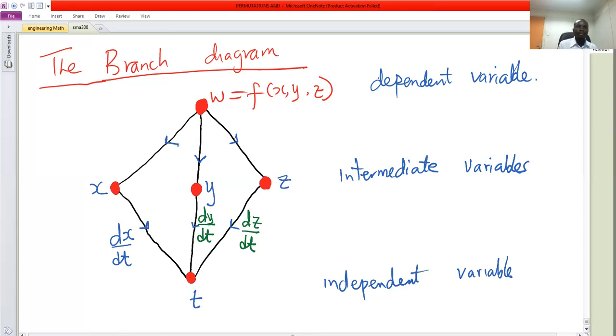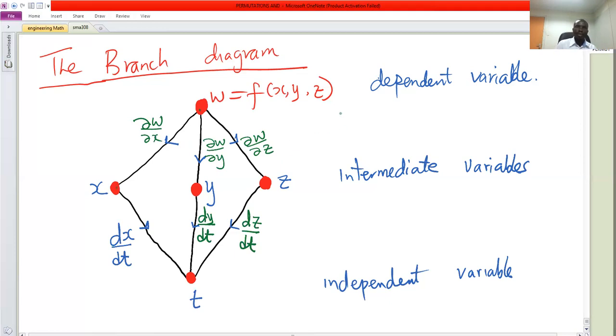But on these branches, w is depending on 3 variables, x, y, and z. So therefore, this will be partial derivative: partial w partial x, partial w partial y, partial w partial z. Or you can say partial f partial x, partial f partial y, partial f partial z.